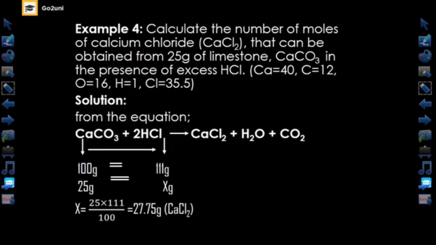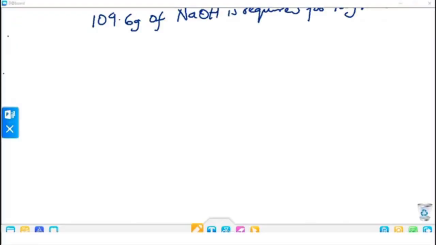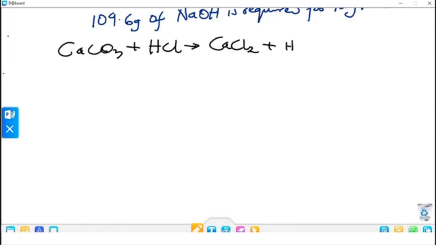So let us take a look at our equation first. We have calcium carbonate plus HCl, that gives us calcium chloride plus water plus CO2 giving off as a gas, and this is 2 moles.